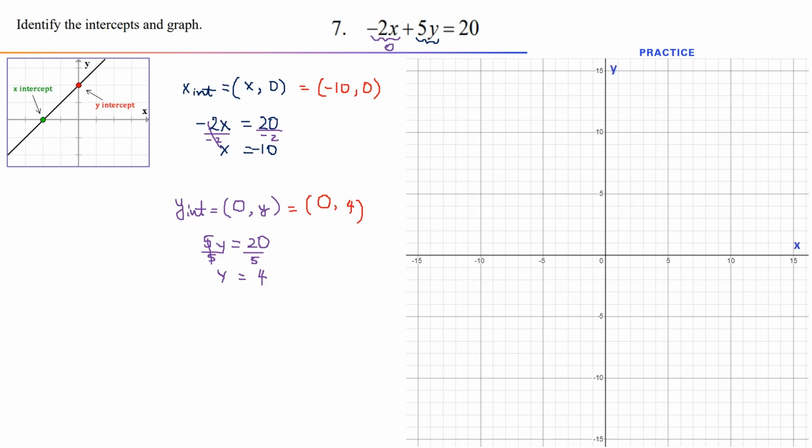So we find that point, negative 10, 0. And then we have 0, 4. Now we connect those 2 points. That should be the graph.